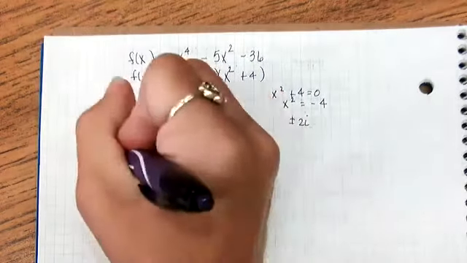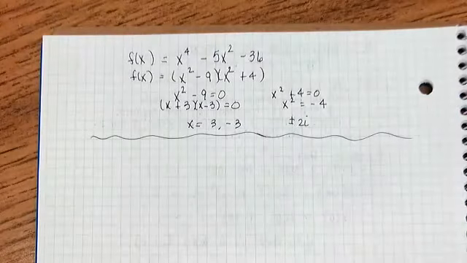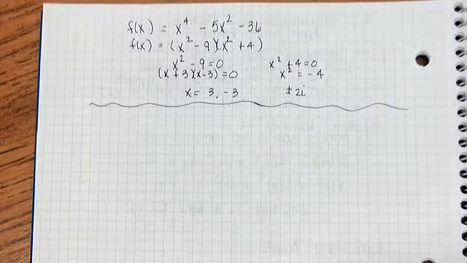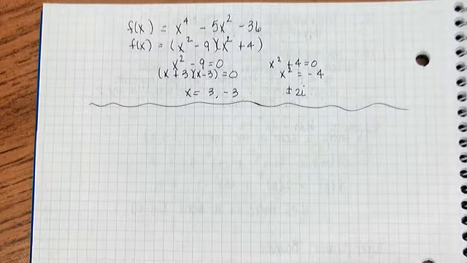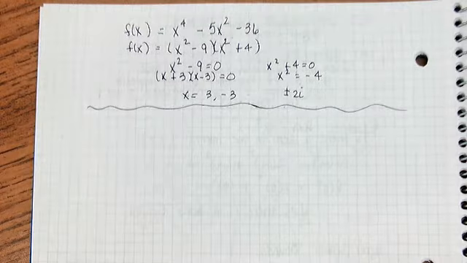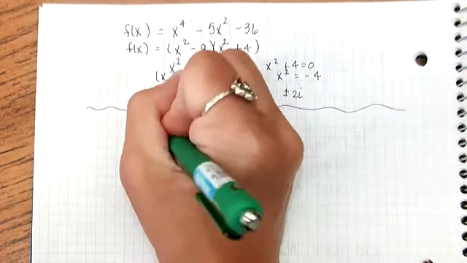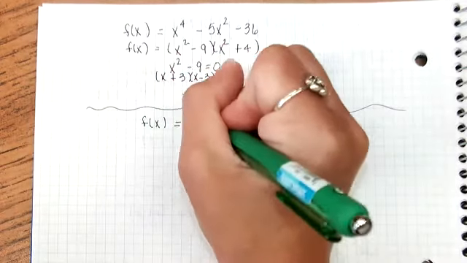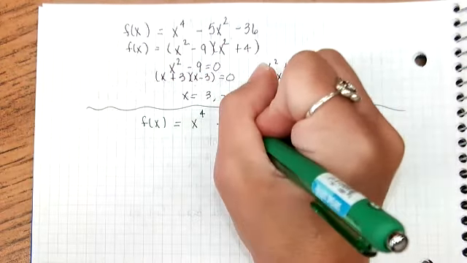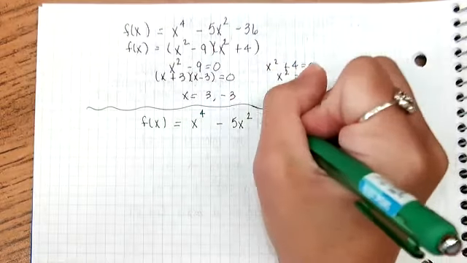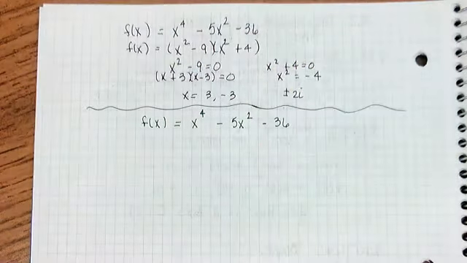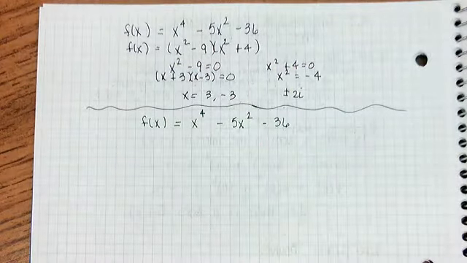Okay, so that being said, I will ask you though to evaluate the function. That means you need to be able to tell me, using Descartes, how many positive zeros, how many negative zeros, etc. So going back to the function, regardless if you factor it or not, you need to be able to analyze the function.